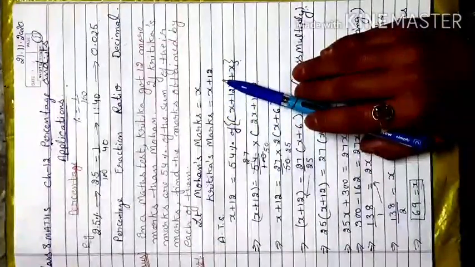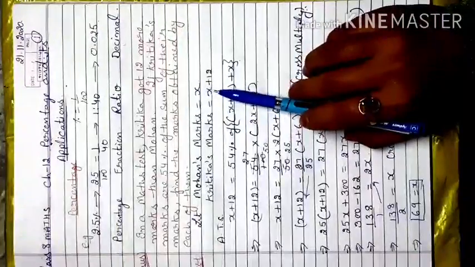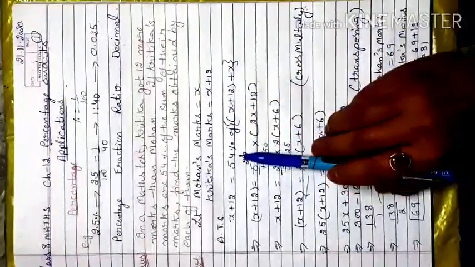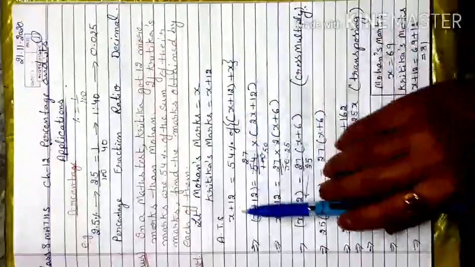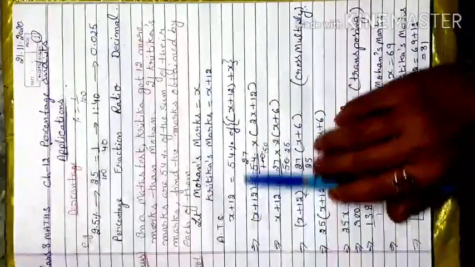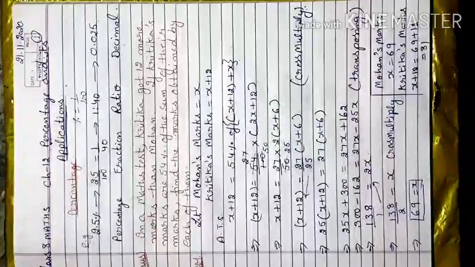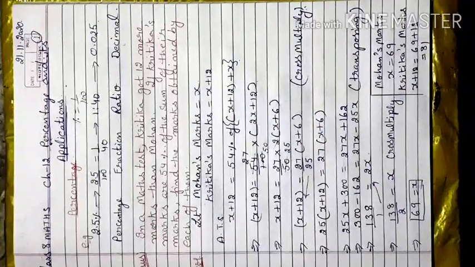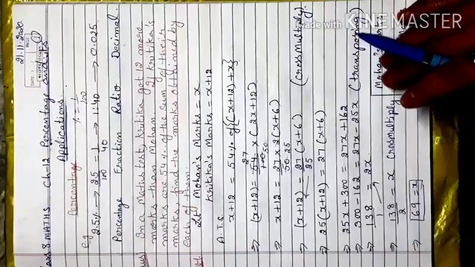It is written in your statement that if you add both the marks of Mohan and Kritika and find 54% of this, that is equal to Kritika's marks. I just translated the statement. Now we have to find the value of x. After getting the value of x, we can easily identify how many marks were got by Mohan and Kritika.